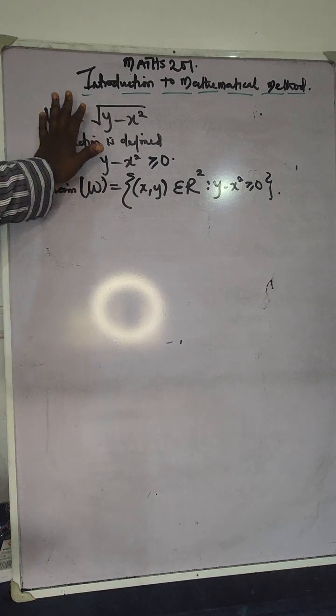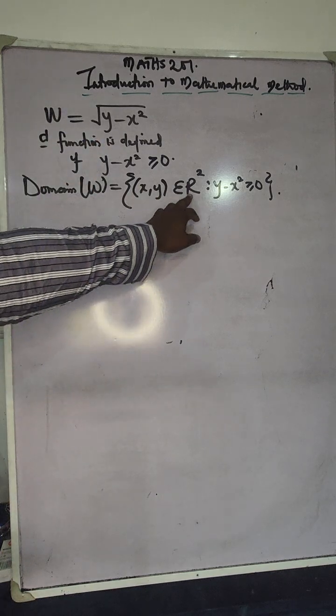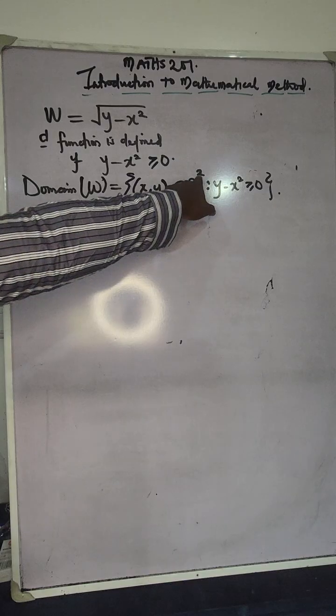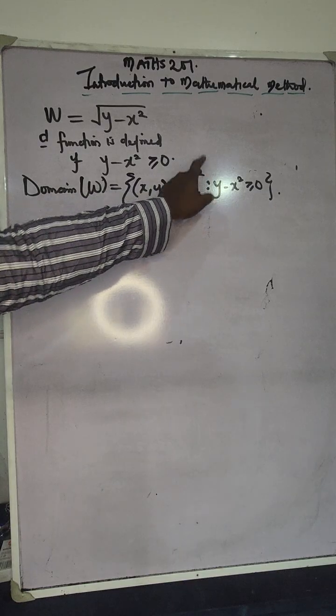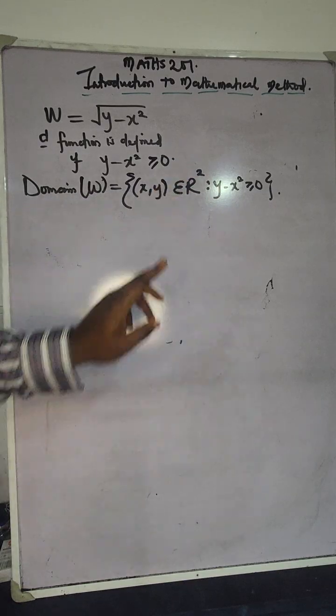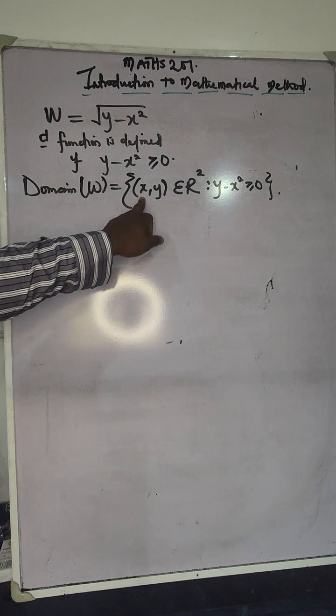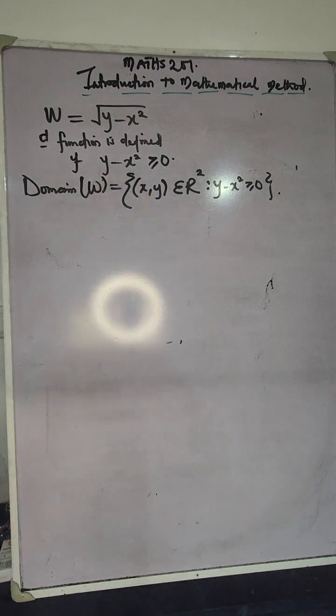So the domain of the function is x comma y, element of all real numbers squared, where the squared reports the dimension. And what is the dimension? The number of independent variables present in the system. Is that clear? And so we have established that this is the domain of the function.